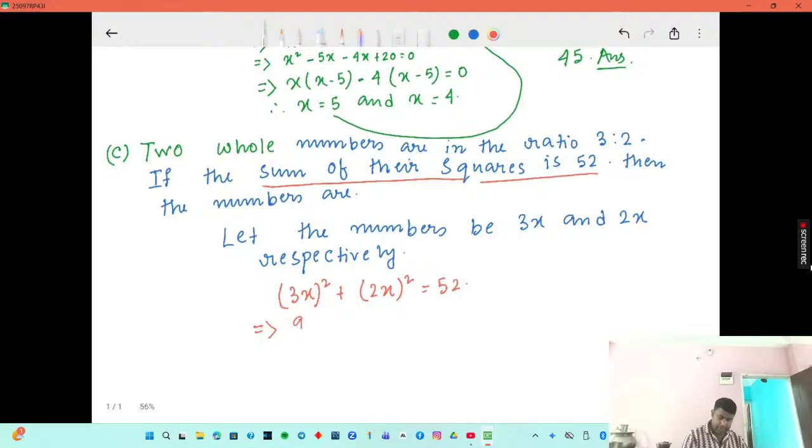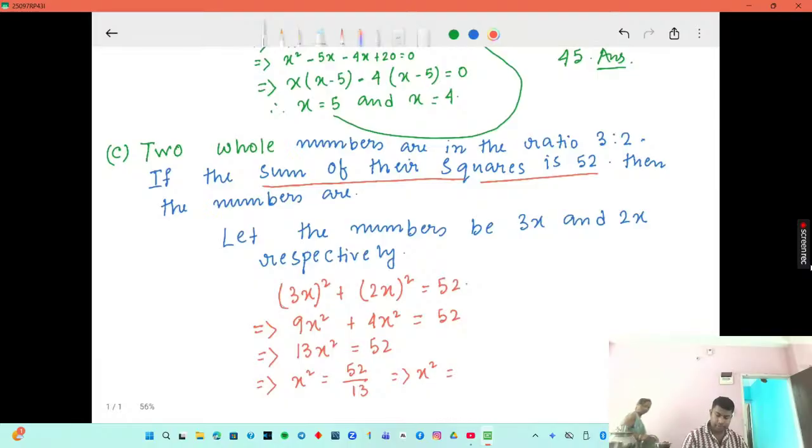So here 9x square plus 4x square is equal to 52. So 13x square is equal to 52. Therefore, x square is equal to 52 by 13, which is 4.